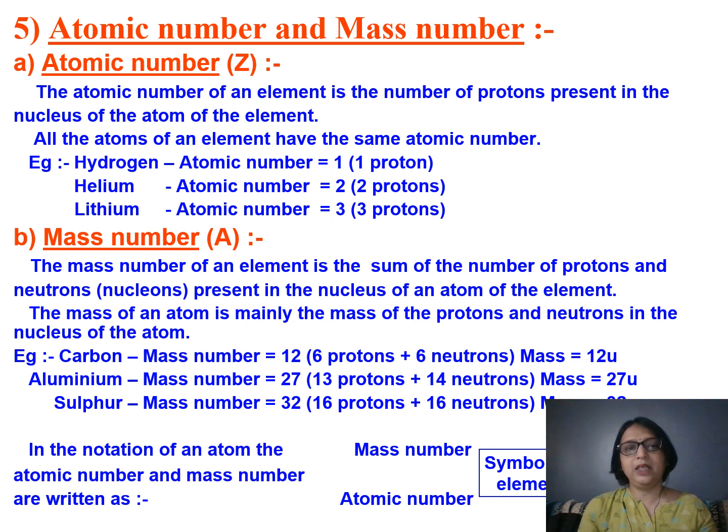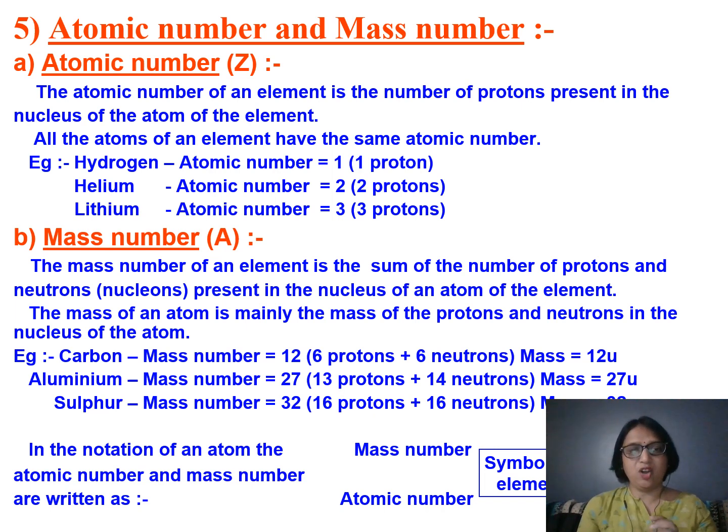It has 3 protons. The mass number of an element is the sum of the number of protons and neutrons, also known as nucleons. The electron is denoted by a small e, the proton by a small p, and the neutron by n.